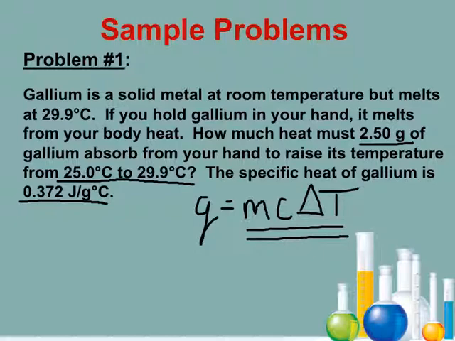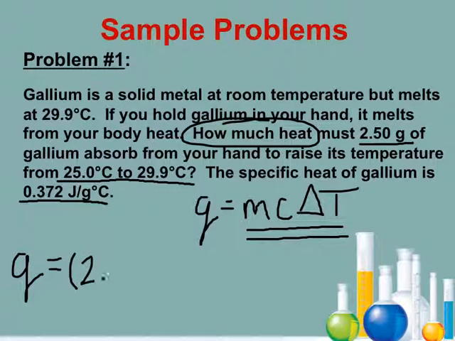They're great. So what do we have here? I've underlined the givens. I've underlined the stuff that's important. What's 2.50 grams? Well, hopefully you know that that's the mass. So we're looking for how much heat. That's Q, so I'm going to leave that, is equal to the mass, which is 2.50 grams. What's that change in temperature?